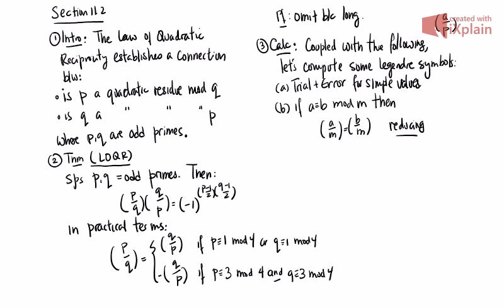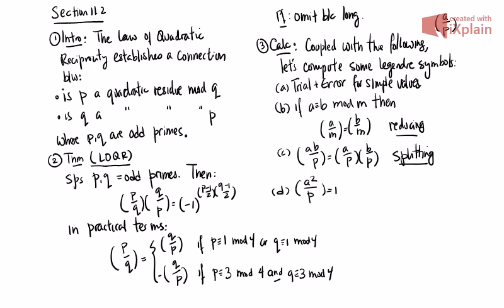I'm just making these names up to make it easier to reference as we go through. For C, we had a rule that says ab over p equals a over p times b over p. I'm going to call this splitting. And then for D, we had a squared over p equals 1. I'm just going to call this the square rule.